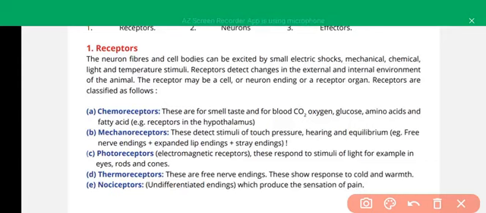Then photoreceptors are also called electromagnetic receptors. We know light consists of both electrical and magnetic properties. These respond to stimuli of light. For example, the rods and cones of the eyes are the photoreceptors. And thermoreceptors respond to heat and cold.